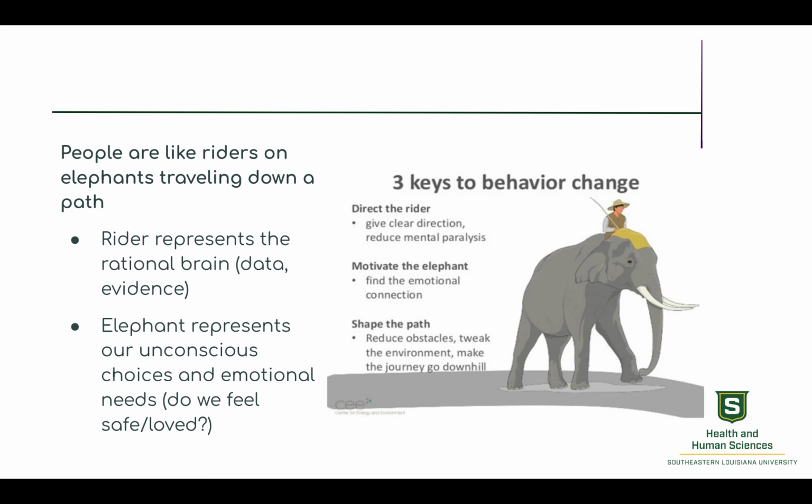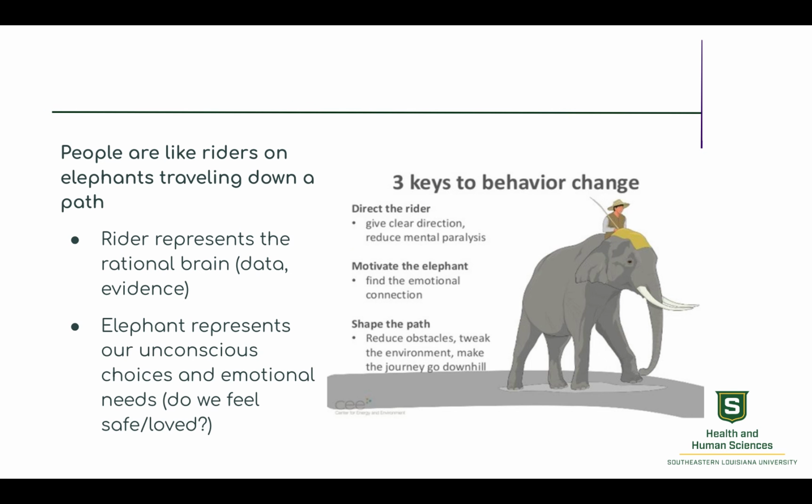One of the characteristics of Switch is the key behavior change pattern of it, whereby it tries to demonstrate how change happens by using the analogy of a rider on an elephant that is traveling down a path, whereby the rider represents things like the data and the evidence, the elephant is our unconscious choices and our emotional needs, and the pathway is how we go from where we are to where we want to be.